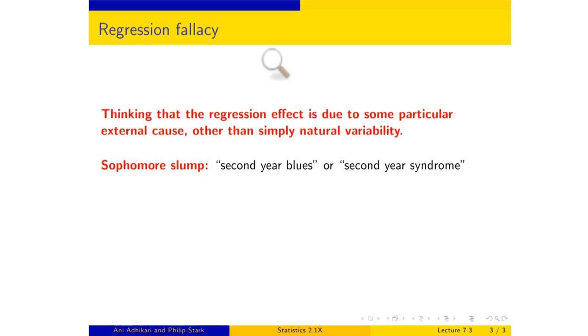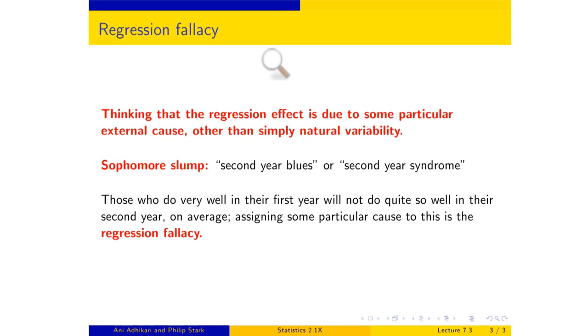Oh, you know, the endorsements went to their head, or they had too many groupies, or if you're in your second year of university, then you slack off. None of that. Because people do not perform the same way time after time, there is spread about a line. And that is what causes the regression effect, nothing else. Trying to ascribe it to some other cause is a mistake and is called the regression fallacy.